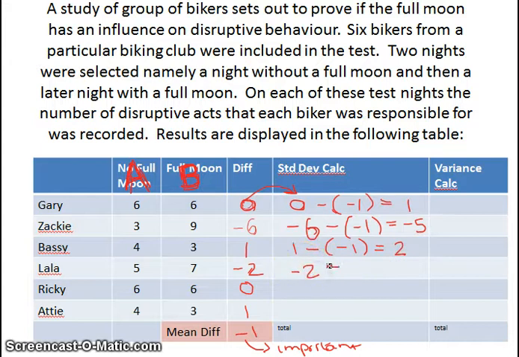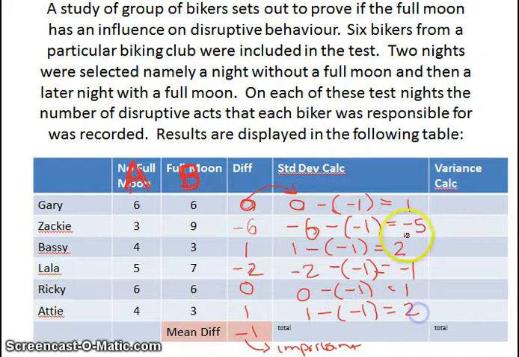For Lala, we'd go minus 1. And the answer is minus 1. For Ricky, the answer is 1. And then finally for Ati, the answer would be 2.